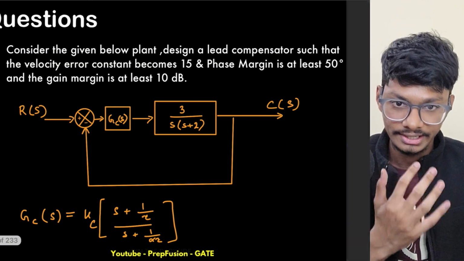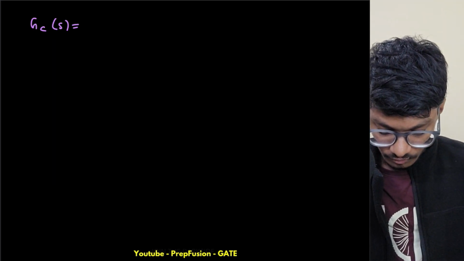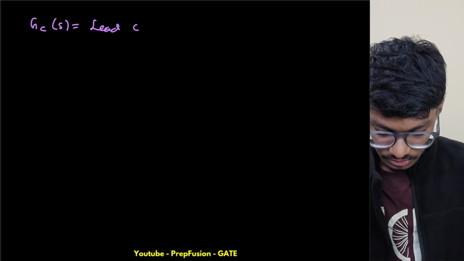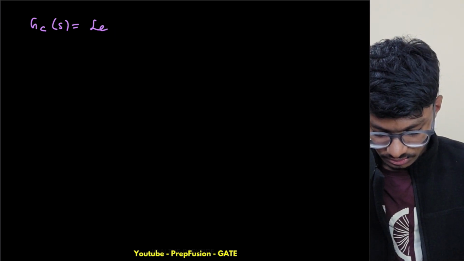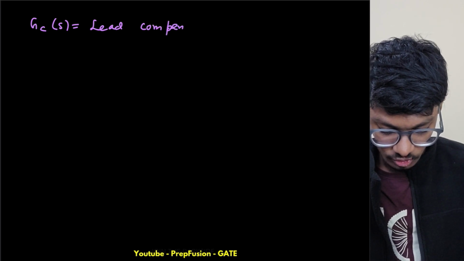So let me write everything. I have to design a lead compensator, so GC of s will be a lead compensator. Hence it will be a zero dominating system.